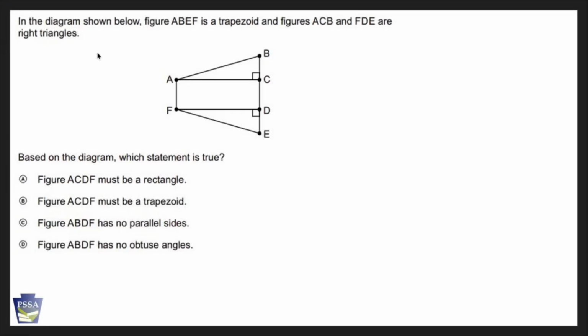In the diagram shown below, figure A, B, E, F, so that's A, B, E, F, and then let's go back and connect it, is a trapezoid. Okay, so we'll talk about what a trapezoid is in a minute. And figures ACB and FDE are both right triangles.